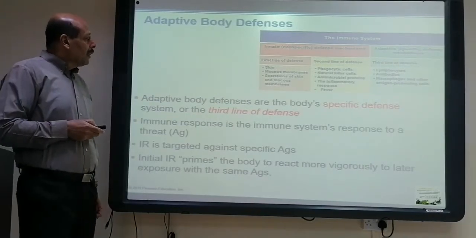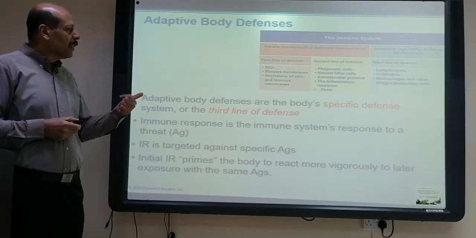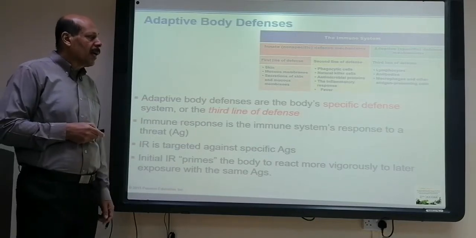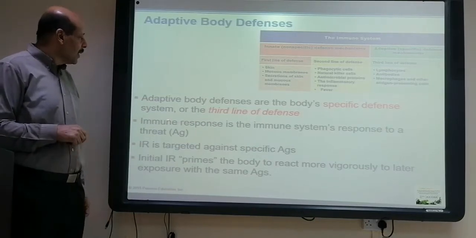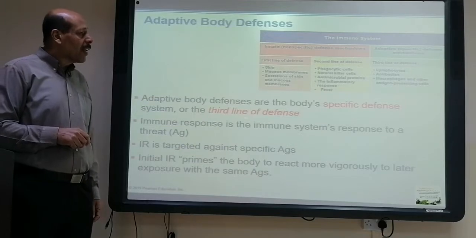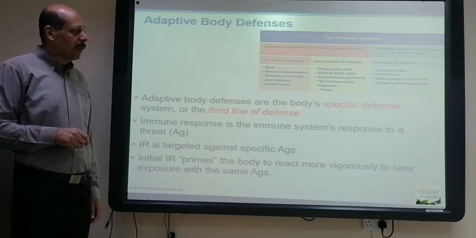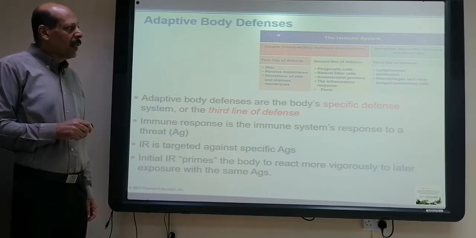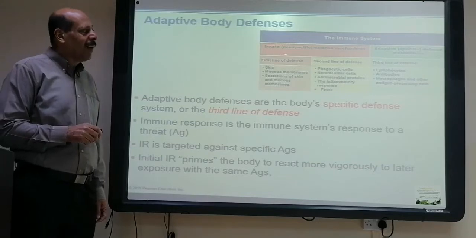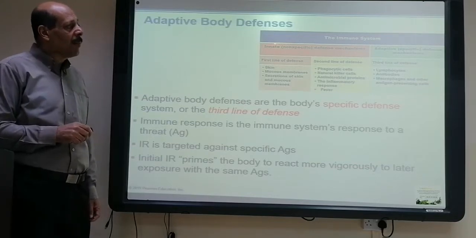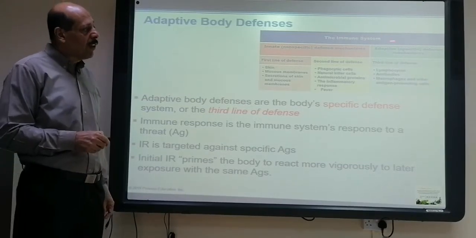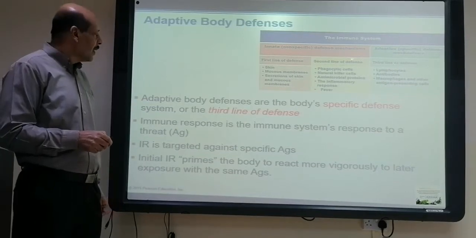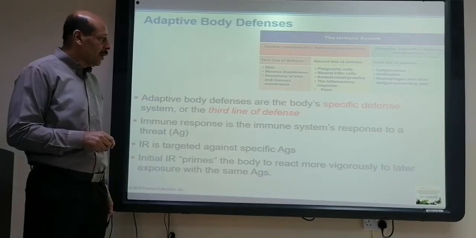The adaptive body defense mechanism is the body-specific defense system, or the third line of defense mechanism. We discussed first what we call the innate or non-specific defense mechanism. Now we will come to the adaptive or specific defense mechanism.